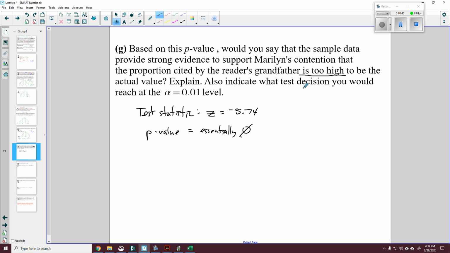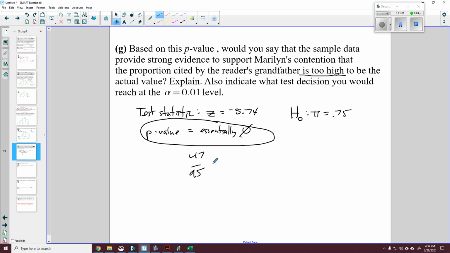Grandfather's hypothesis, H sub 0, was that pi was equal to 0.75. Based on this, the probability of us getting 47 out of 95 games having a big bang is so low, based on Grandpa's assumption, that we are going to reject the null hypothesis.